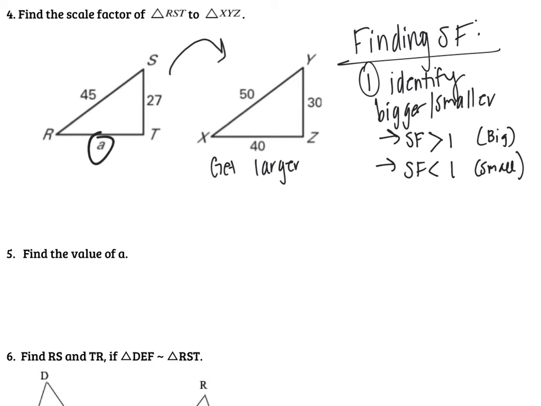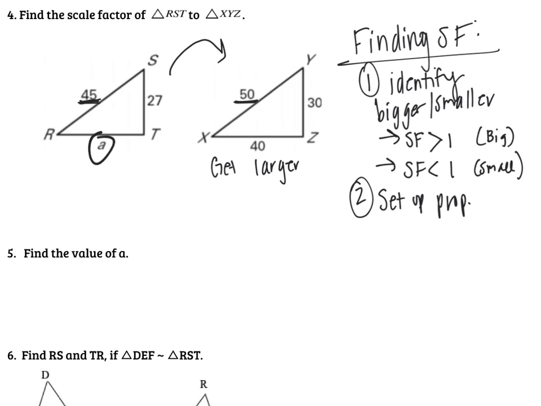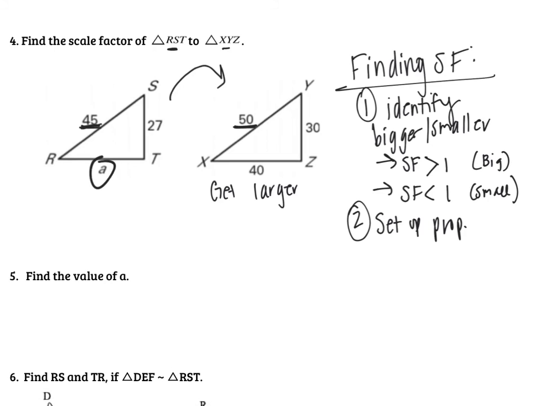All right, so all I have to do is set up my proportions, and find what they all simplify to. So I have 45 over 50 because RS and XY are partners.